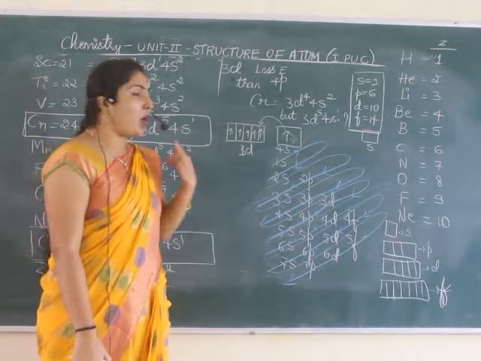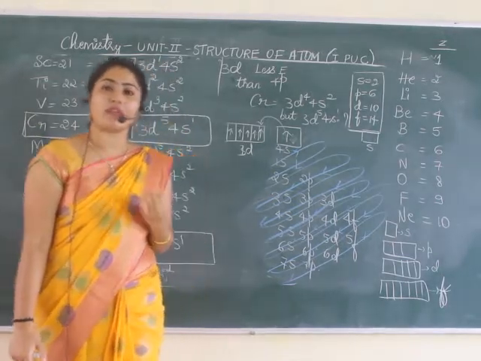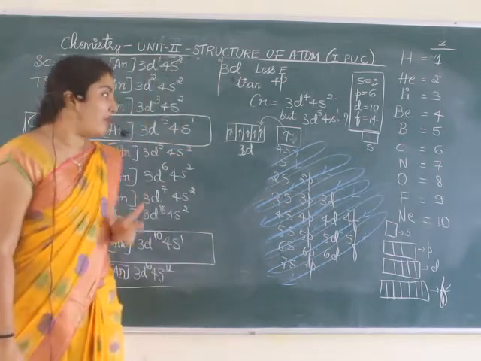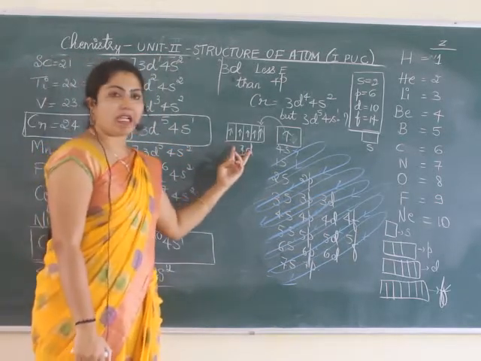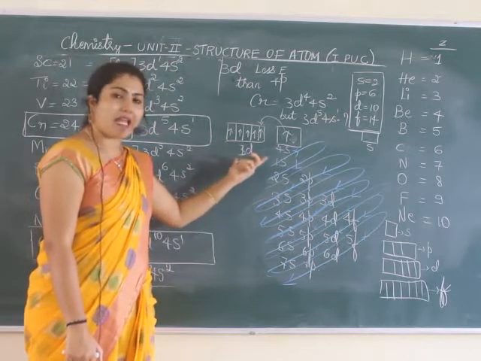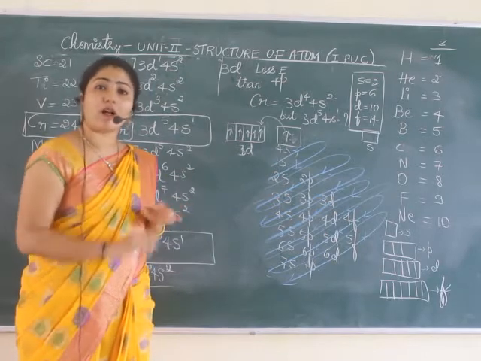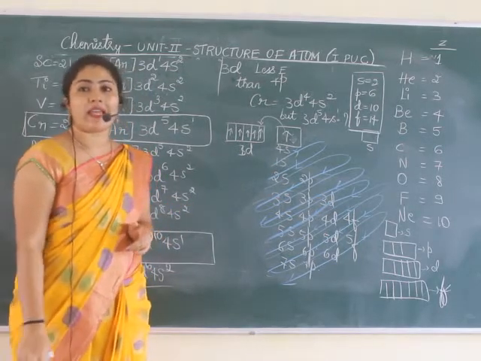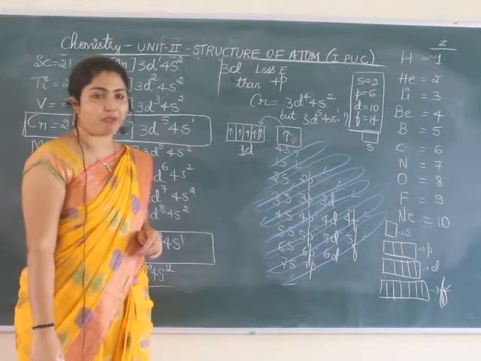The stability of atoms depends on their electronic configuration, or filling of electrons. If the orbitals are exactly half filled or completely filled, then such elements are said to be more stable.